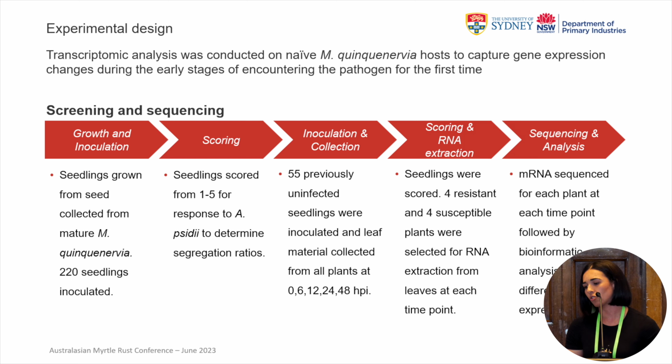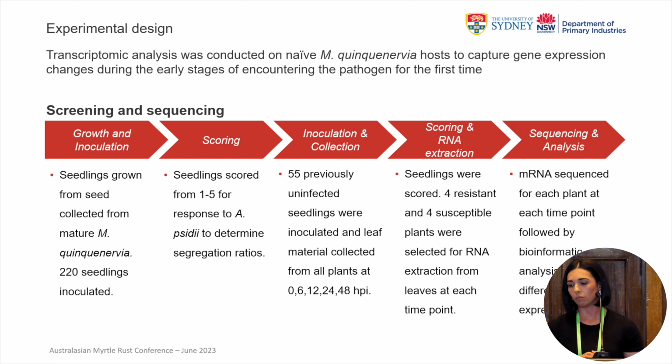So really, just getting those segregation ratios to get those numbers down, to get enough replicates to be able to work through with an RNA-seq experiment. So from there, I determined that I had to use about 55 seedlings. So I selected 55 seedlings that had never been exposed to myrtle rust before.